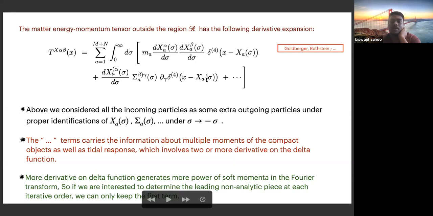But those will not be important to our analysis, because if we are interested in the few leading non-analytic pieces, since those involve more derivatives over the delta function in the Fourier transform, that contributes more powers of momenta, so it will be subdominant. So up to the order which we are interested in, we can just throw them out, and just take these two terms and analyze.